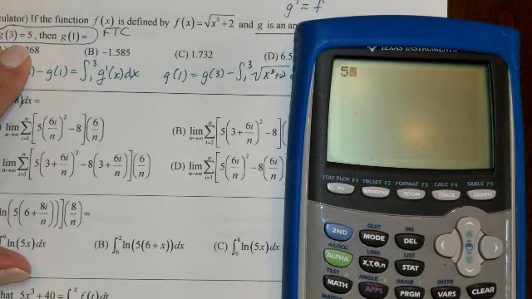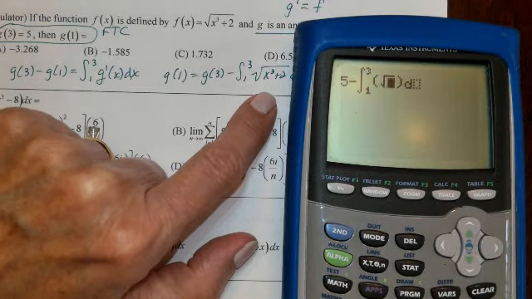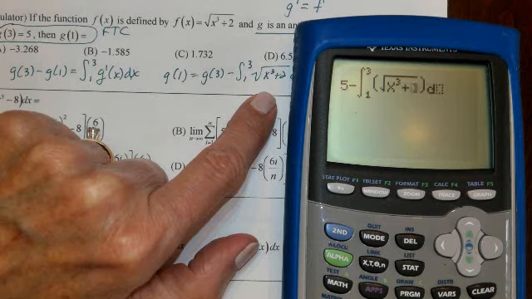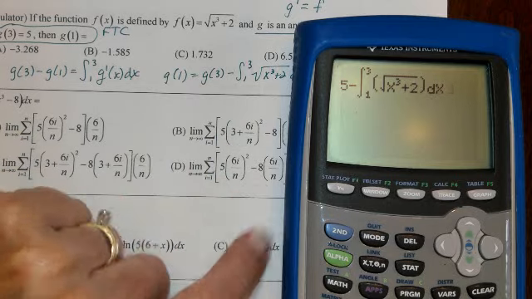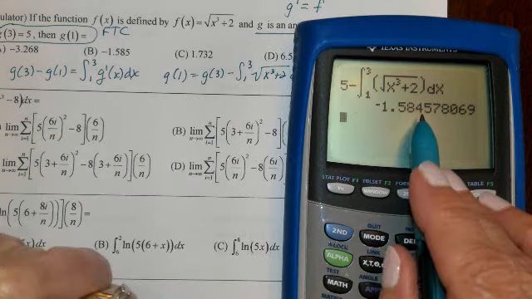So 5 minus the integral, math 9, 1 to 3, of the square root of x cubed plus 2 dx. Making sure I have this in right. I think I do. Negative 1.585.